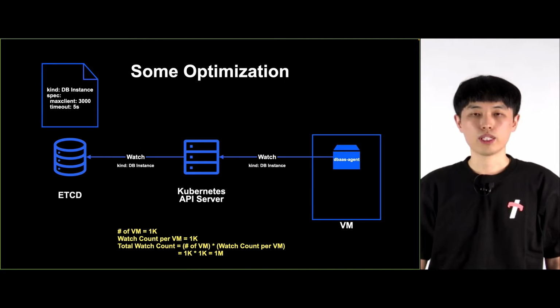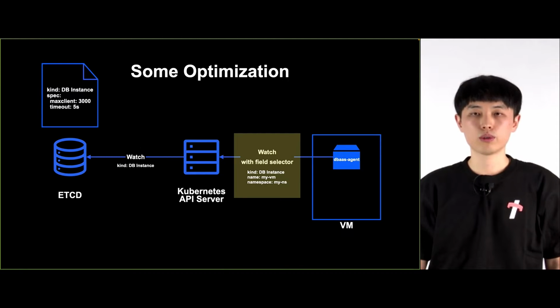So the number of VMs is 1,000, and for each VM, 1,000 resources are observed. So 1 million requests will be needed. However, the DBaaS agent does not have to watch all custom resources. It needs to watch only the DB instance that it is in charge of. So with the field selector, only one resource could be watched.